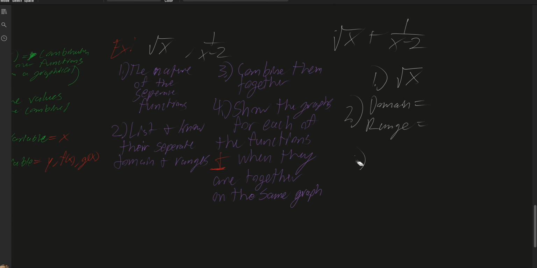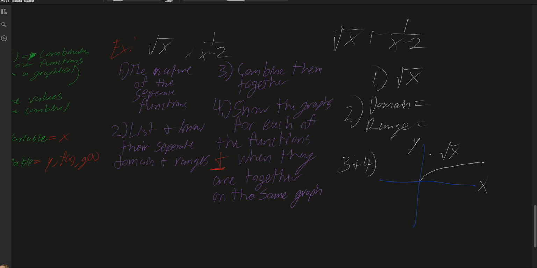I'm actually going to combine 3 and 4 because I'm going to show you the graph as well. So we're going to work our way backwards for a little bit. If we were to look at the square root of x, it is typically denoted in this shape that we have. The domain is always referring to the x-axis, and the range is always referring to the y-axis.